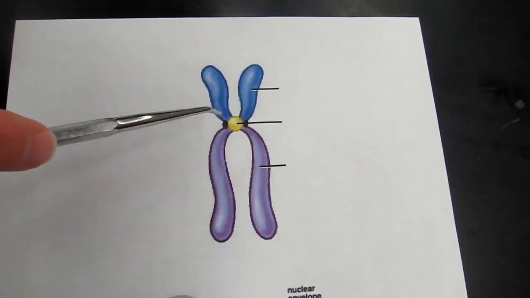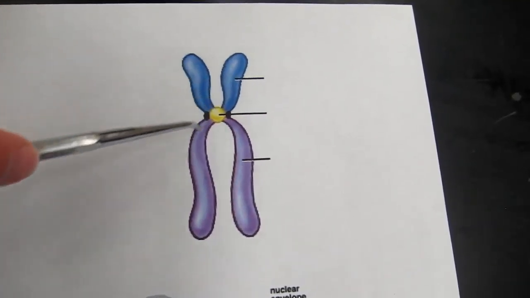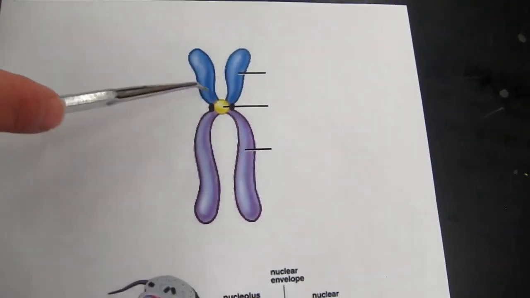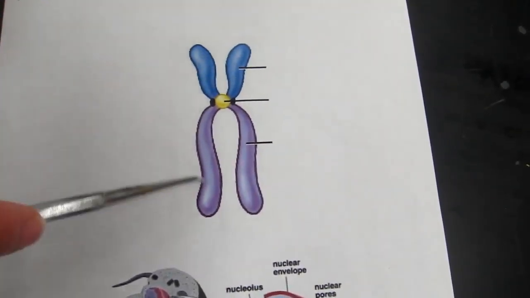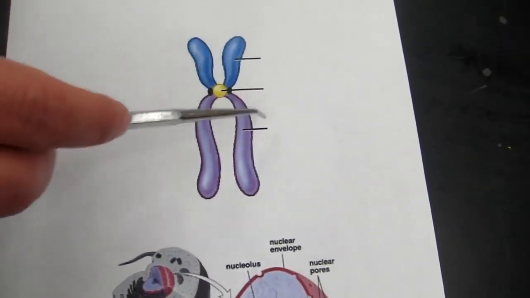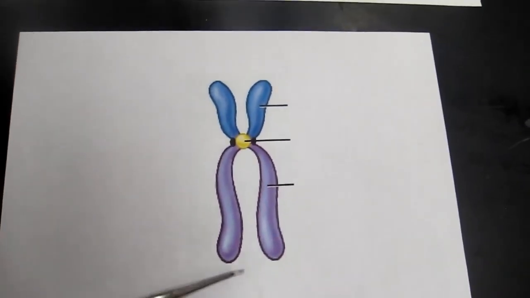Instead of a big pile of cooked spaghetti, now we have these little easy to move segments that have this distinctive X shape in the early mitotic cell.